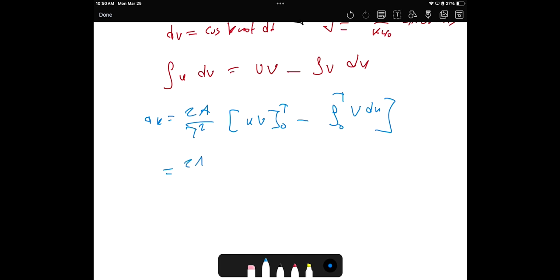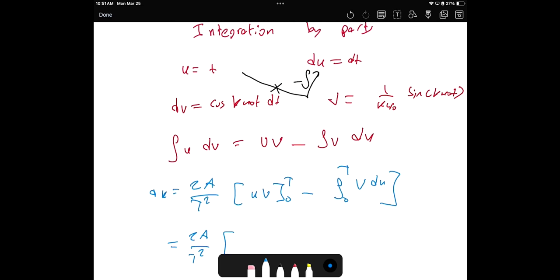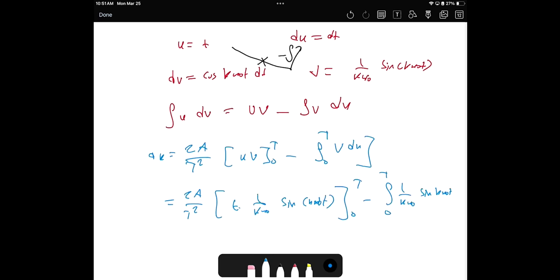Substituting u, which is t, times v, which is 1 over k omega naught sine k omega naught t, all substituted from 0 to T, minus the integral of v, 1 over k omega naught, from 0 to T, sine k omega naught t, du, which is... Okay, so we will continue this later, in the next lecture, but please make sure to review integration by parts.